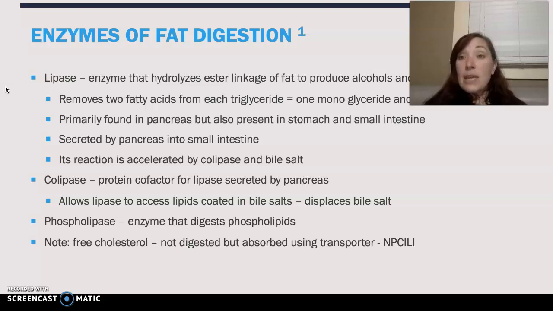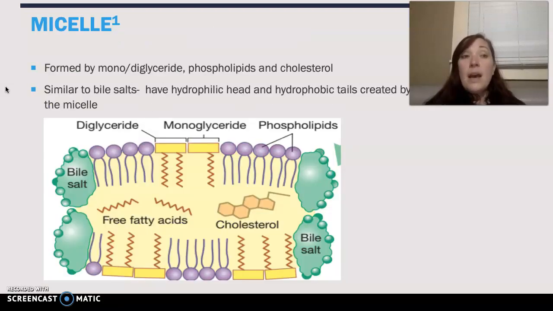And so they have the same path as the triglycerides in terms of being turned into a chylomicron, but they are used for other cell processes as well. And then free cholesterol is not digested, but it is absorbed, and it's absorbed on an energy-dependent membrane transport known as NPC1L1.